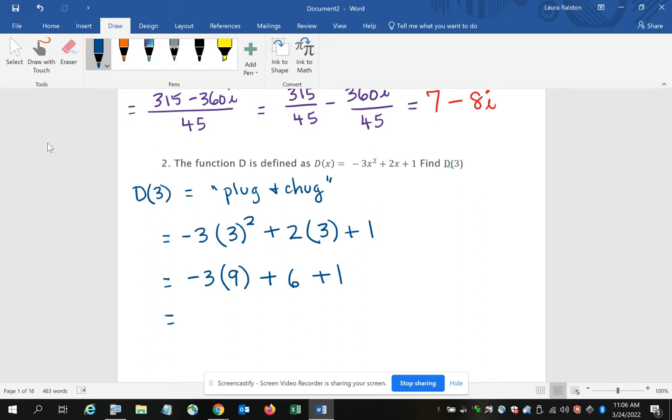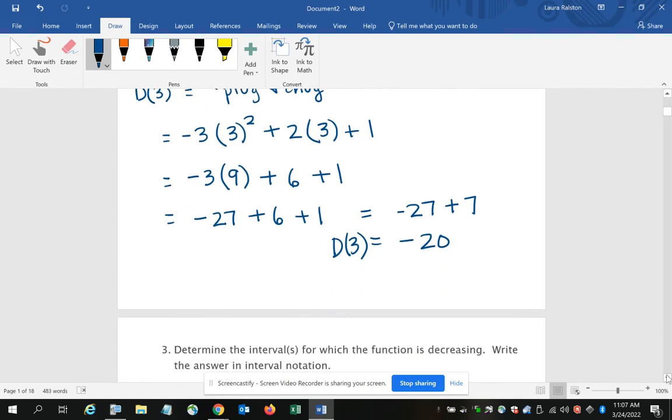Negative 3 times 9 is negative 27 plus 6 plus 1. Do the math. Negative 27 plus 7, we're going to end up with negative 20. So d at 3 is negative 20. Okay, don't overthink it. Utilize the calculator if you need to.